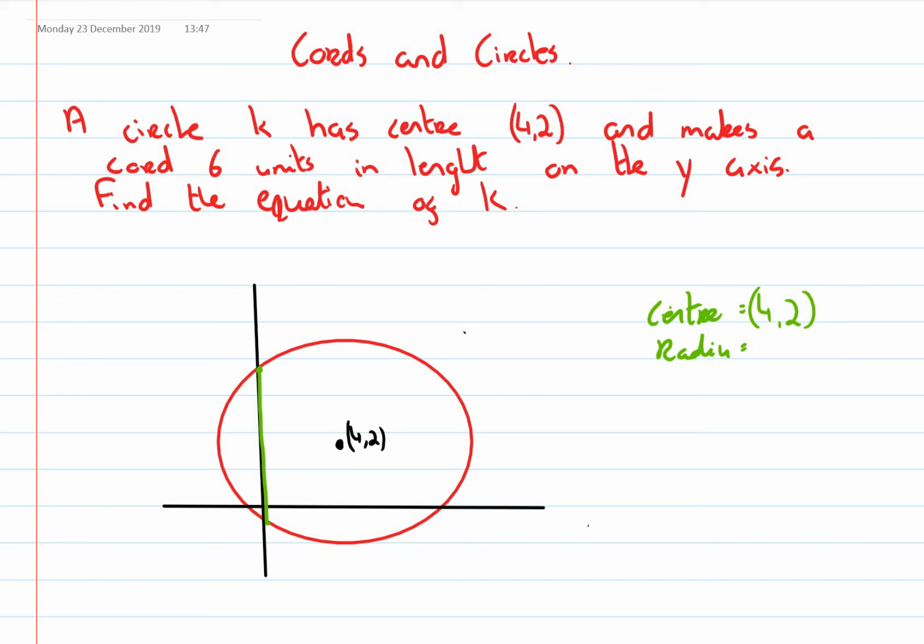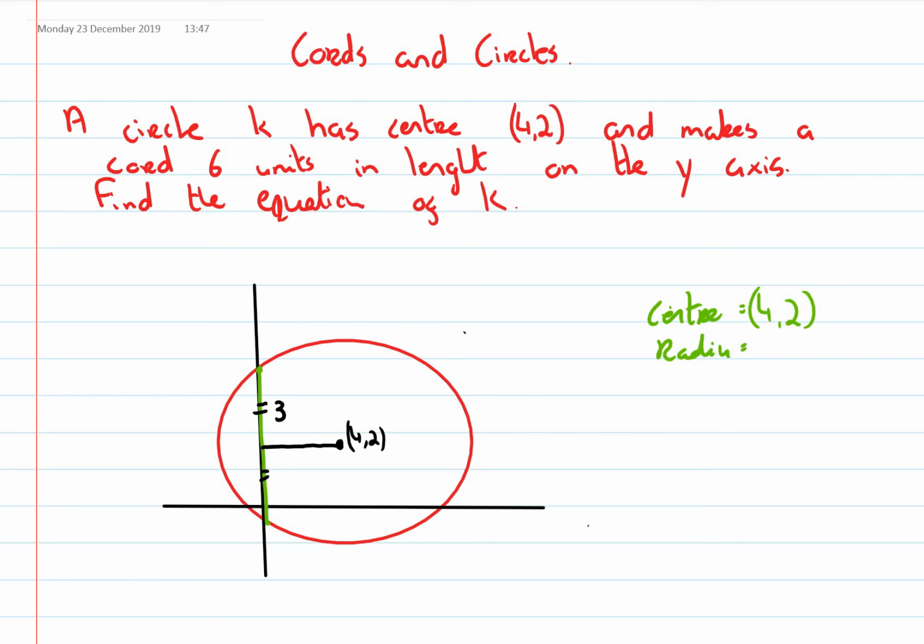So watch. This chord is 6. If I was to draw a perpendicular line from the centre to here, that bisects the chord. We know that from previous videos and previous topics. So if it bisects it, that means this here must be 3 and this must be 3.